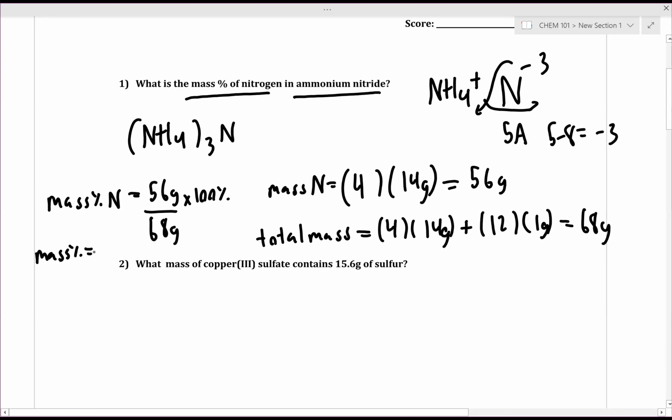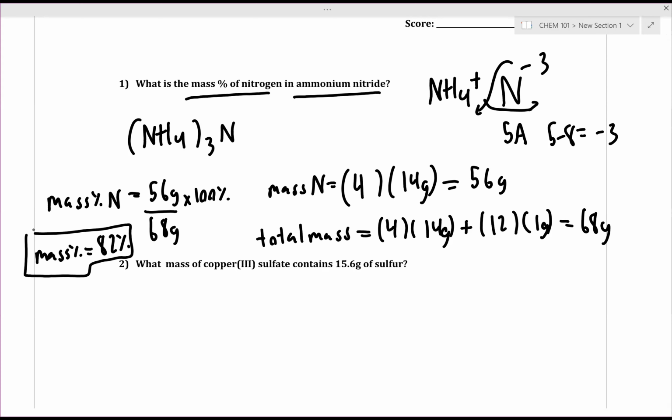So we're going to take 56 divided by 68 times 100, and that in turn gives us a percentage of 82%. Does that make sense to everyone?